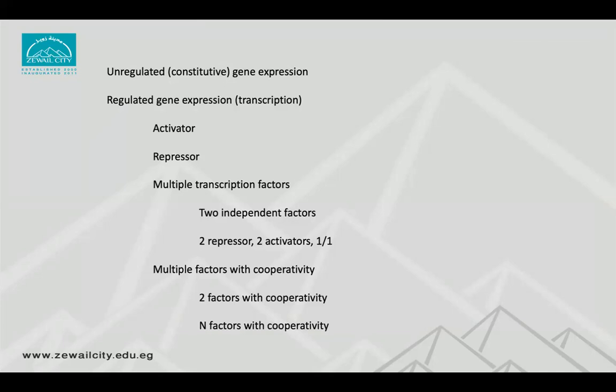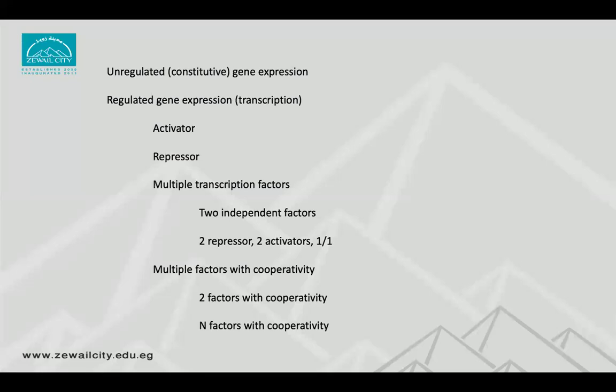That depends. I mean, you can have repression or activation is cooperative, or it might not be cooperative. And it could be highly cooperative or just violently cooperative. Okay, so we could have activators and repressors. We could also have multiple transcription factors.